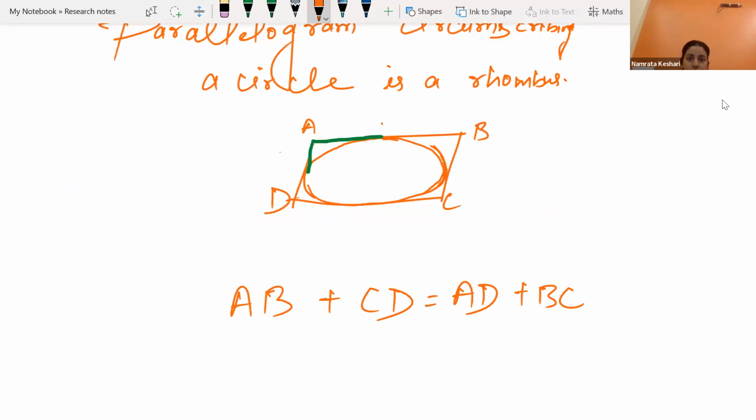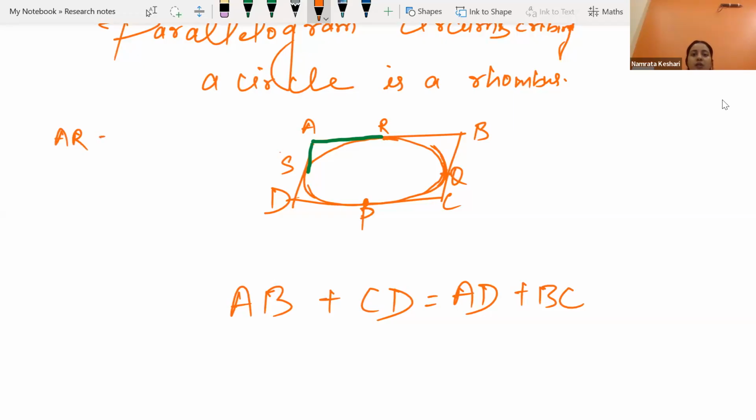Okay. Suppose this is R, this is S, this is Q, this is P. I am naming the points of contact. So this type of quadrilateral we are having, and we have proved that AR is equal to AS, right?